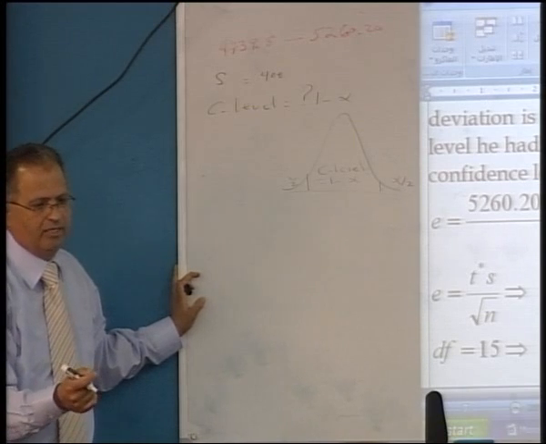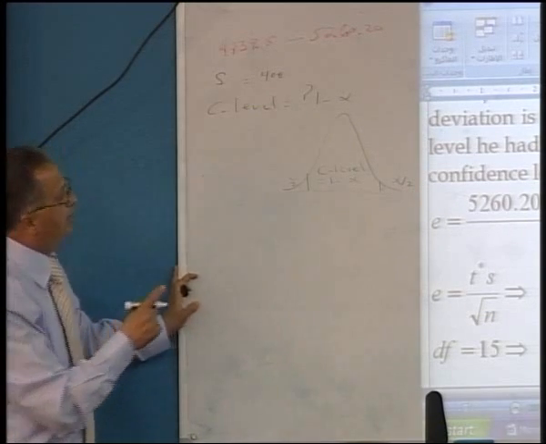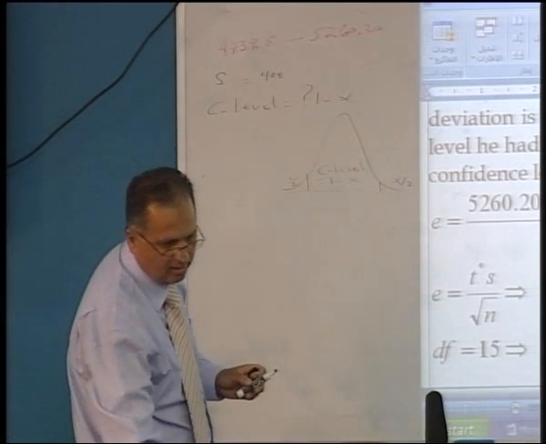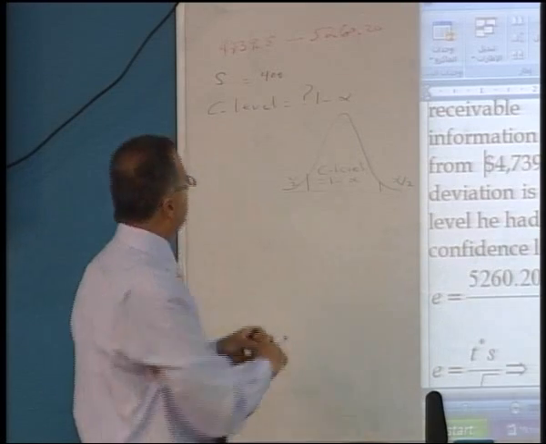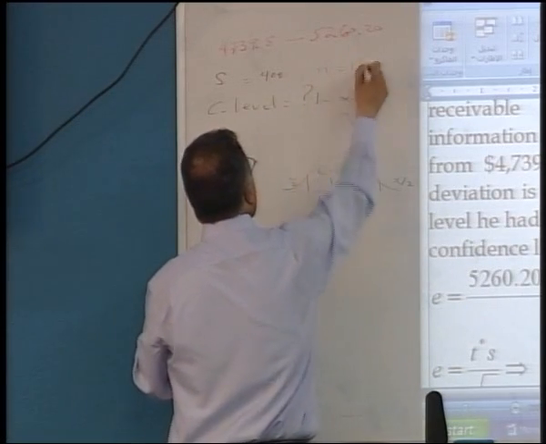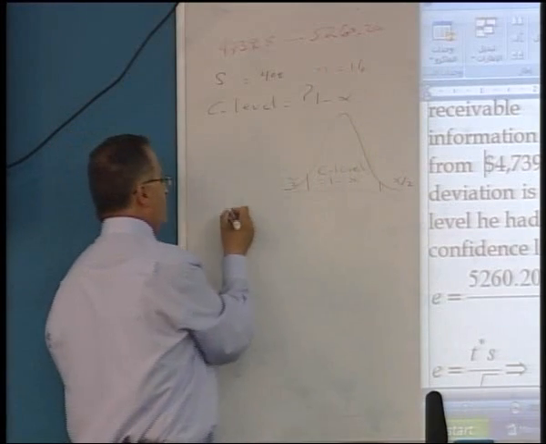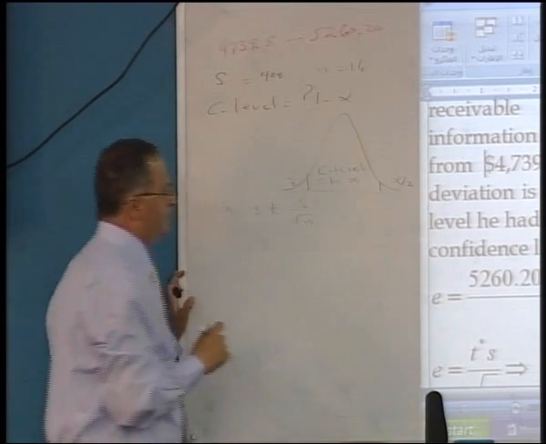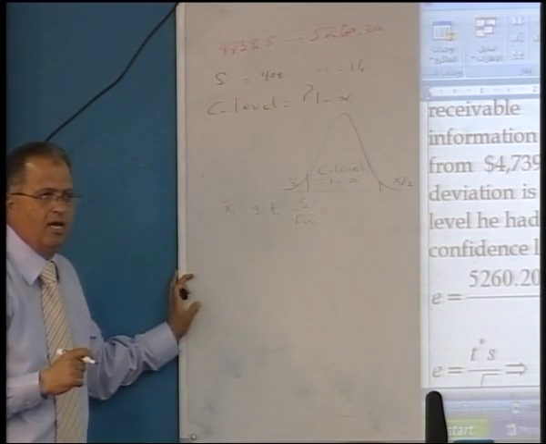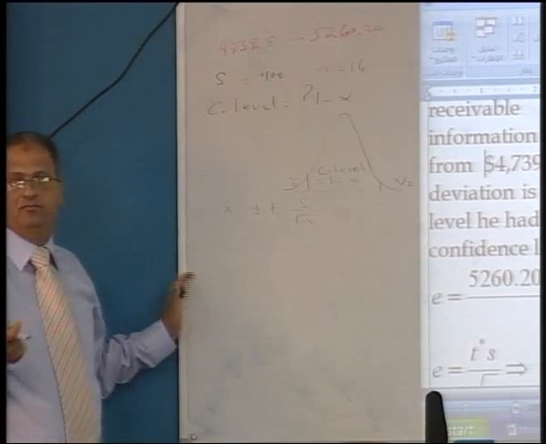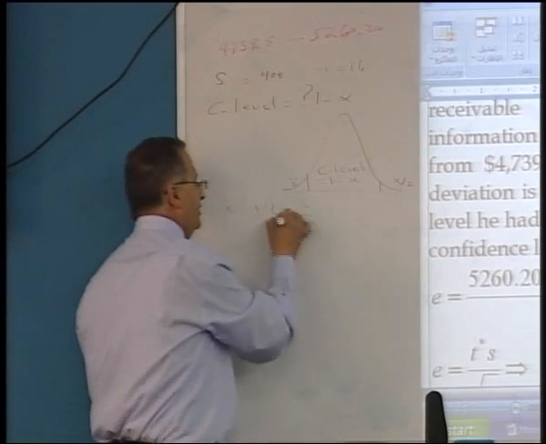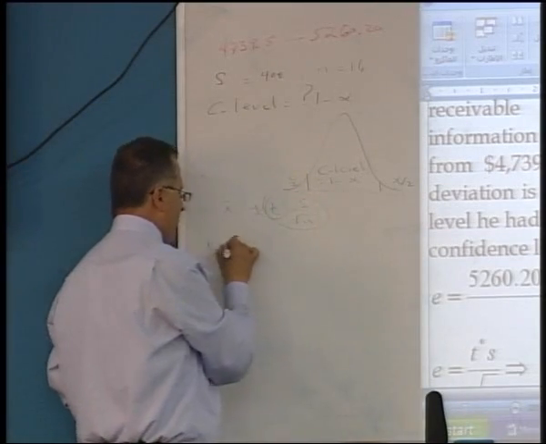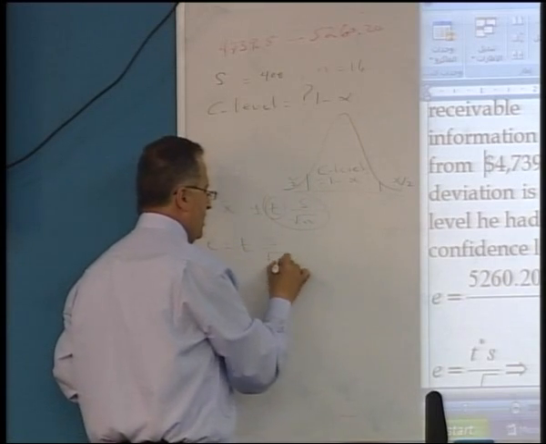Now, since the sample size N equals 16, your confidence interval should be x bar plus or minus t s over root n. Now, the C level can be determined by T. And we know that this quantity represents the margin of error.